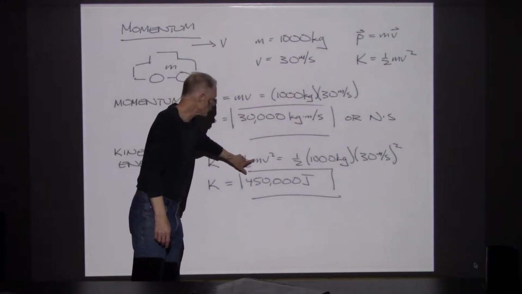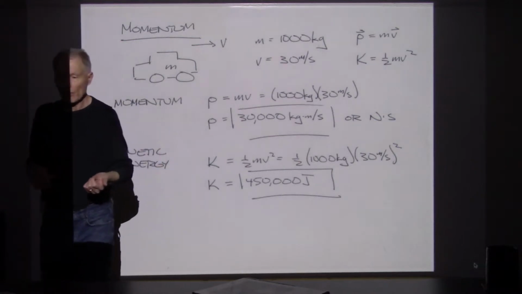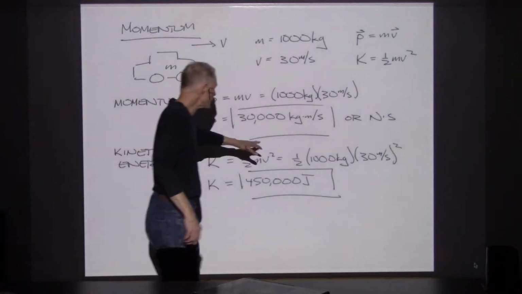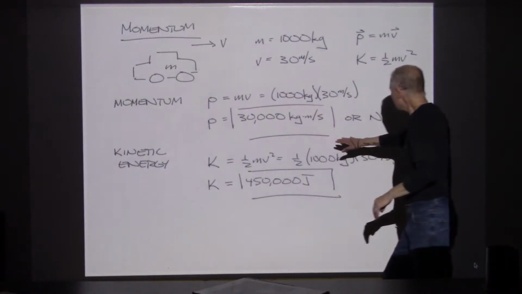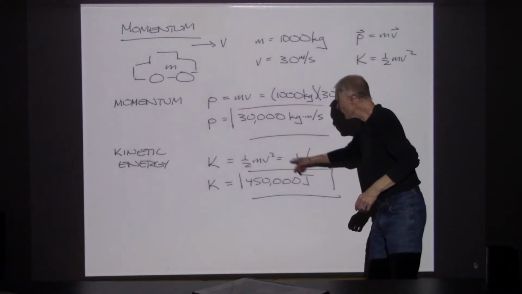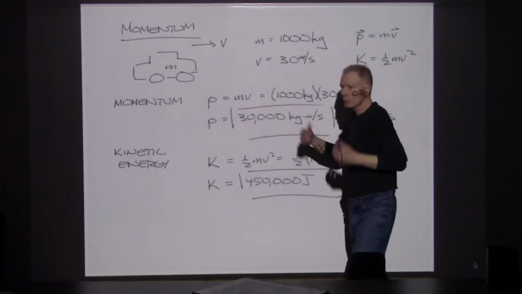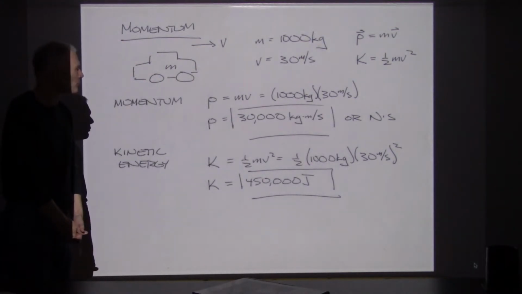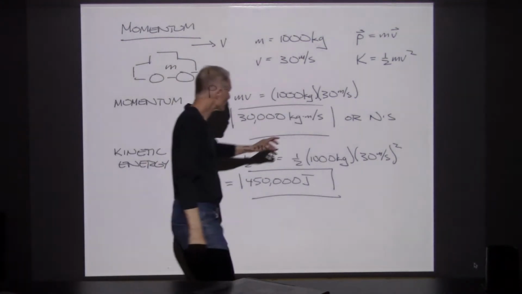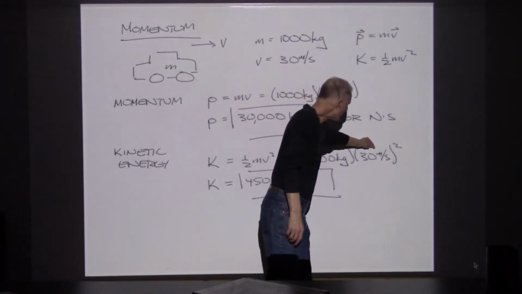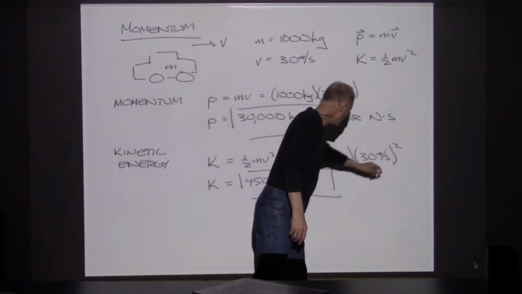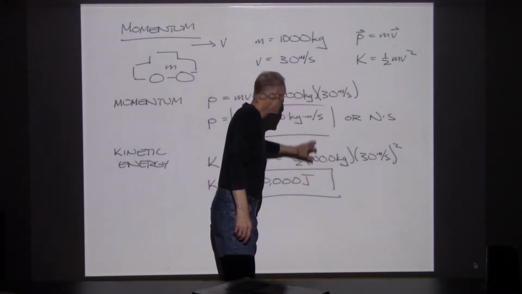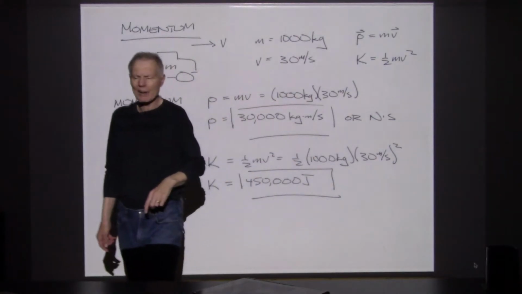And the kinetic energy formula that we derived in the last chapter, 1/2 mv squared, plugging the numbers into that, it turns out that for this car has a kinetic energy of 450,000 kilograms meters squared per second squared. Now those are joules.